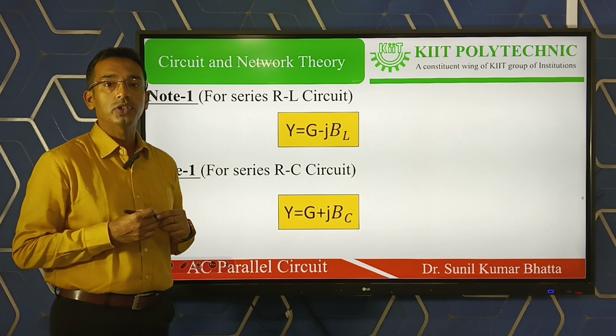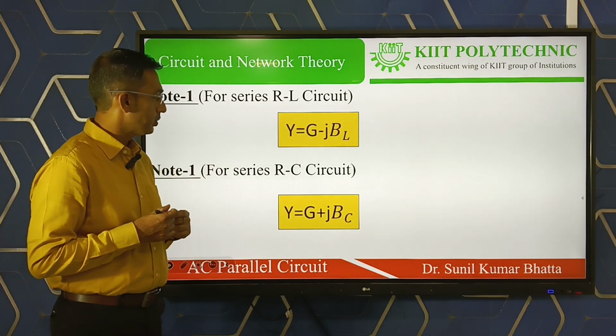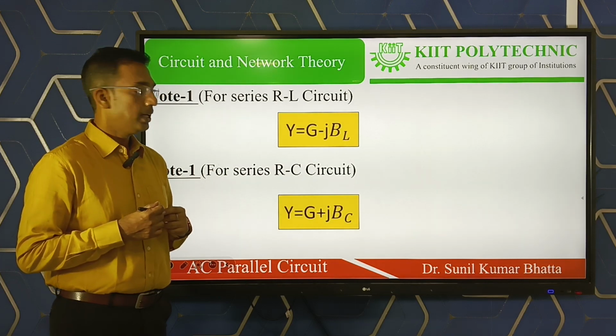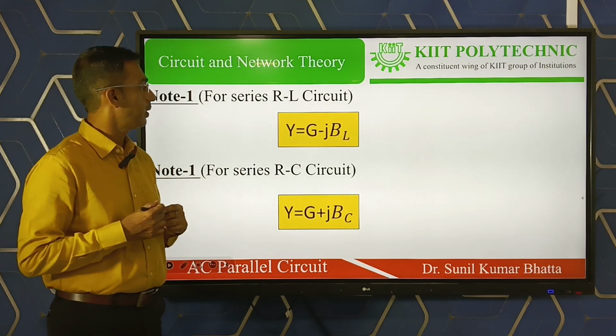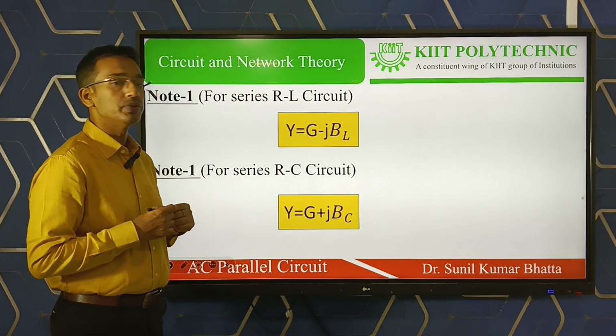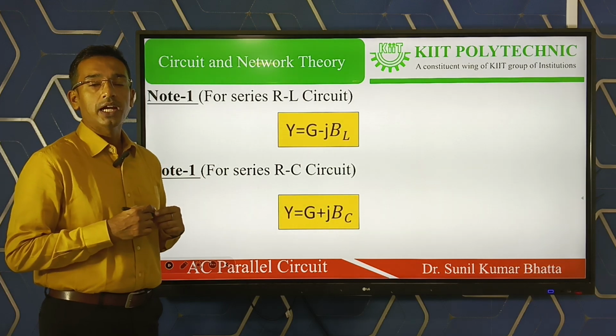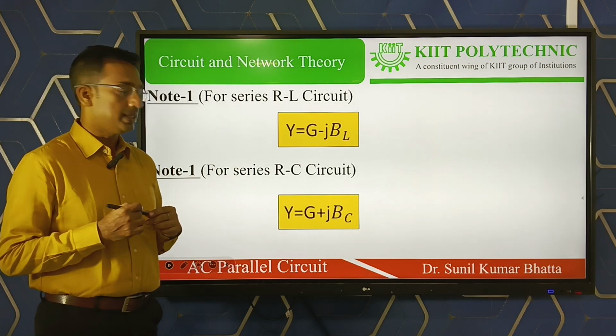BC is for the capacitive reactance, so the susceptance is capacitive, and it is plus jBC. You should remember: for the RL circuit, Y equals G minus jBL, and for the series RC circuit, Y equals G plus jBC.